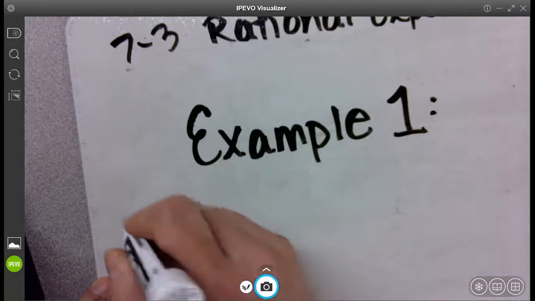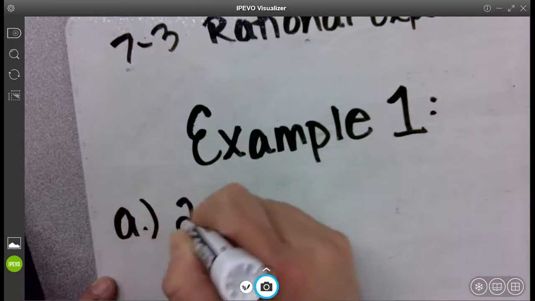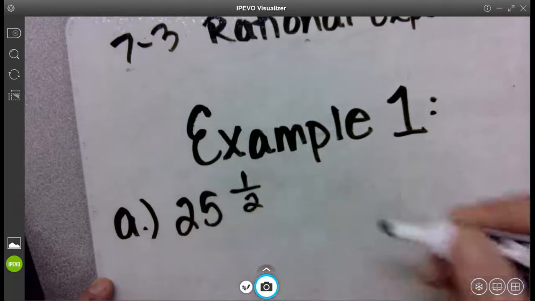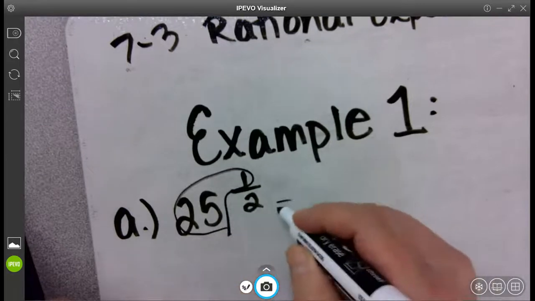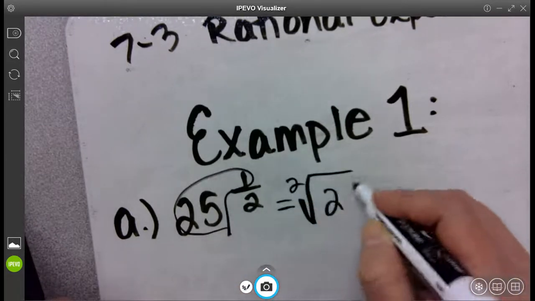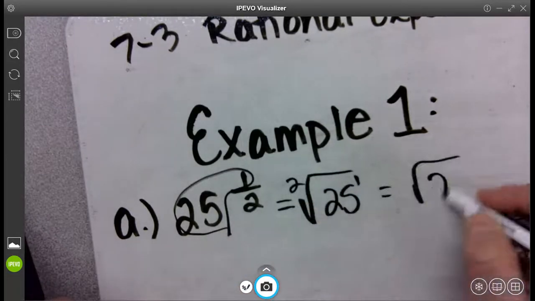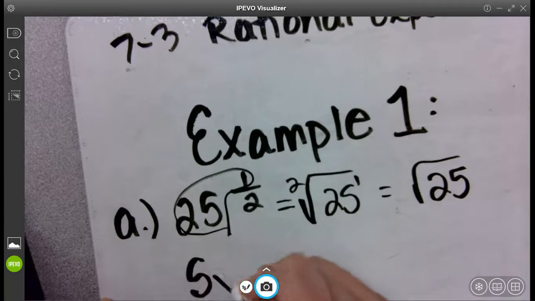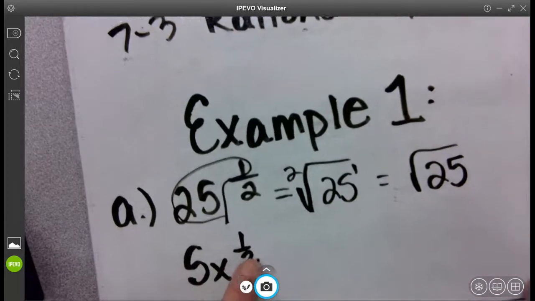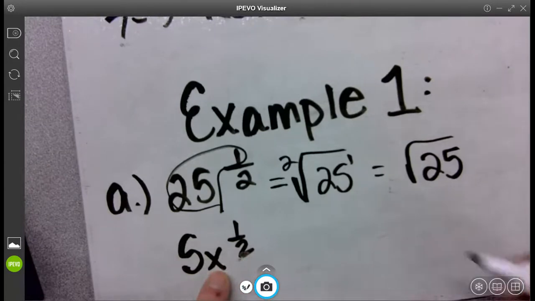So we already did the first one, 25 to the 1/2. This is an exponent form. To write it in a radical form or a square root, you'd write it like this. What if we had 5x to the 1/2? Well, the 1/2 is only being used by x.